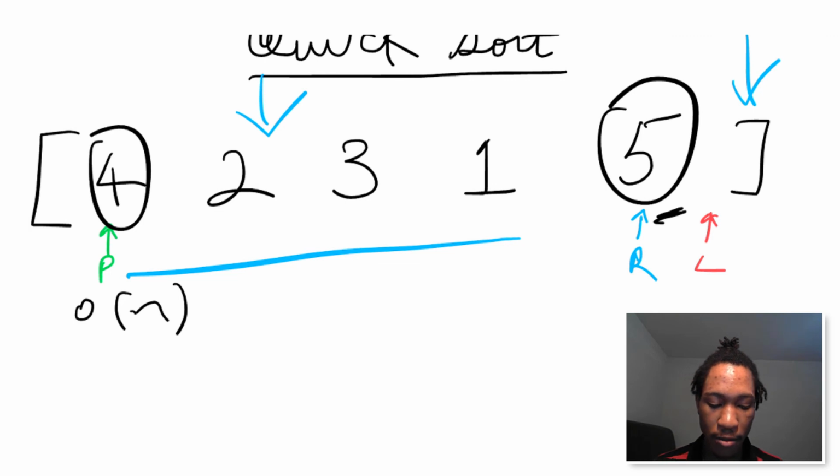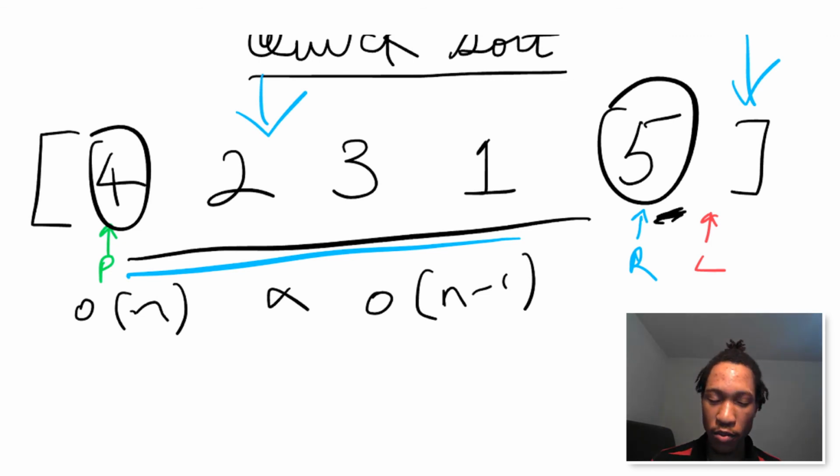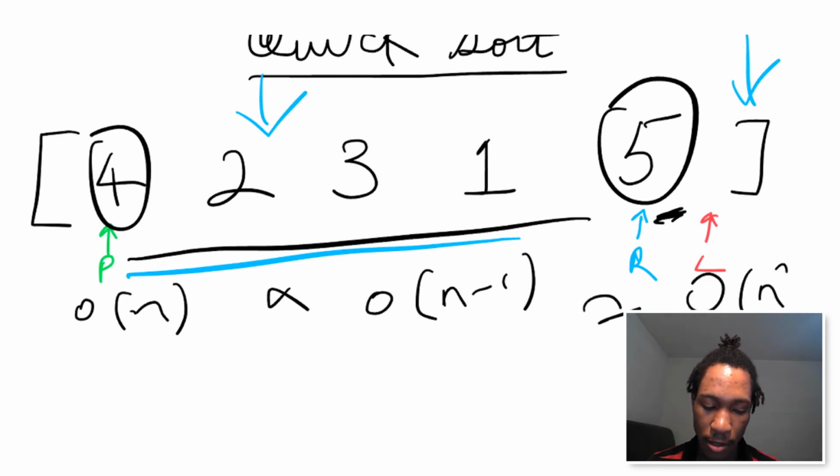So we had to make the recursive call on this subarray, and this subarray is O of n minus 1 length, because removing the 5, which is O of n, kind of. So it's like O of n times O of n minus 1, so it translates to O of n squared time. So in the worst case, it's like you have a very big number at the start of the array, and then you iterate through the whole array, and then you end up having the big number at the end of the array, and then you have one subarray that's really, really huge, and then the other subarray is very negligible. So that's an O of n squared time.